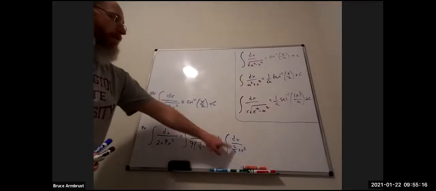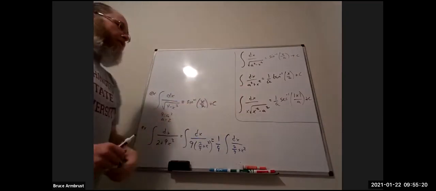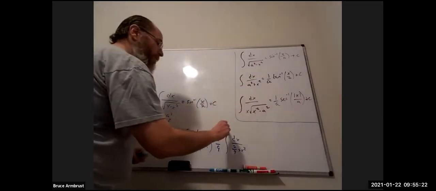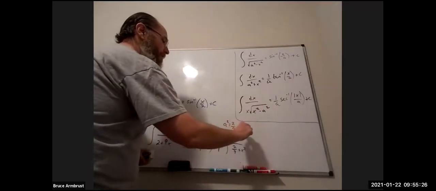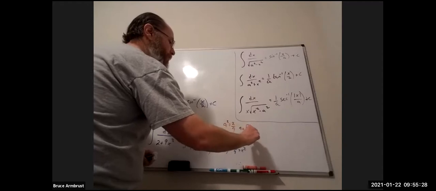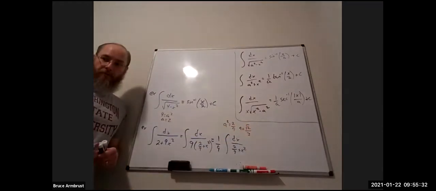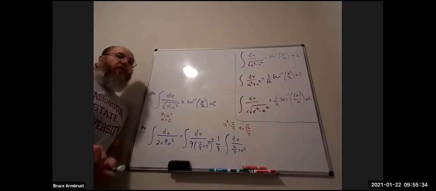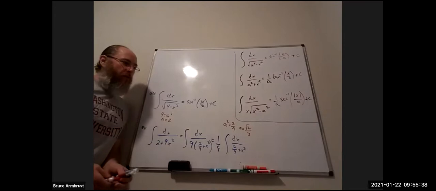That 2/9 is a squared. So we need to take the square root of that. So we've got a squared equals 2/9, so a is the square root of 2 over 3. Just remember that that thing is a squared, so we have to take a square root.